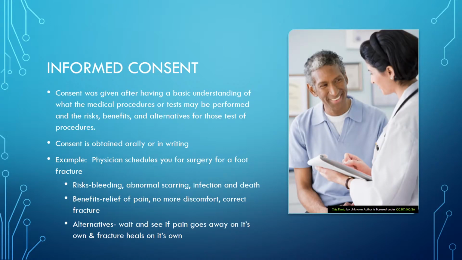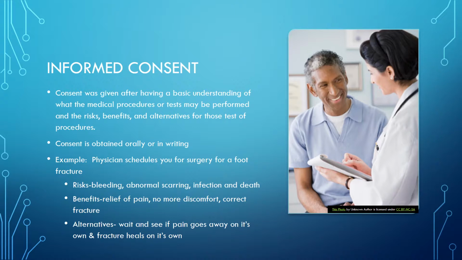Informed consent. This type of consent is usually given after having a basic understanding of what medical procedures or tests may be performed, and the risks, the benefits, and the alternatives for those tests or procedures. This type of consent is usually obtained orally or in writing. An example of this is your physician scheduling you for surgery for a foot fracture.